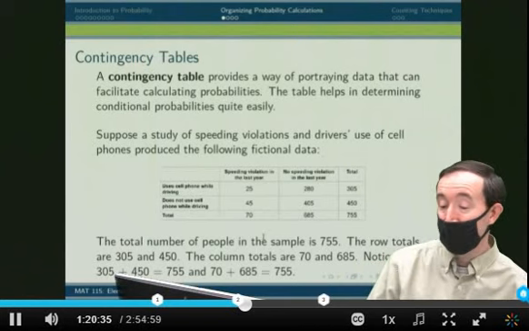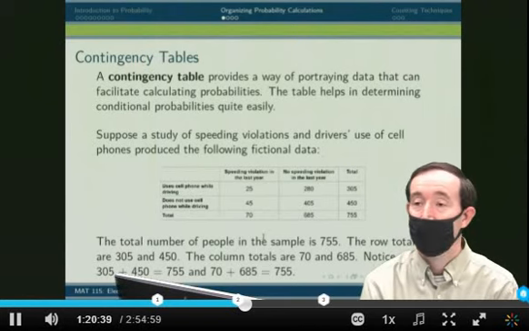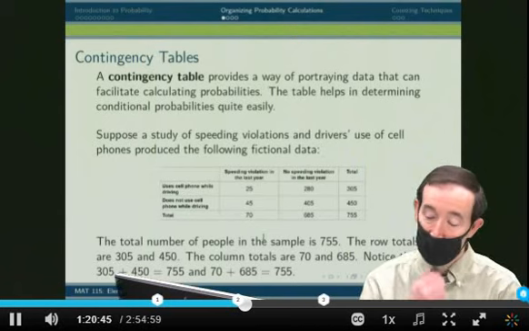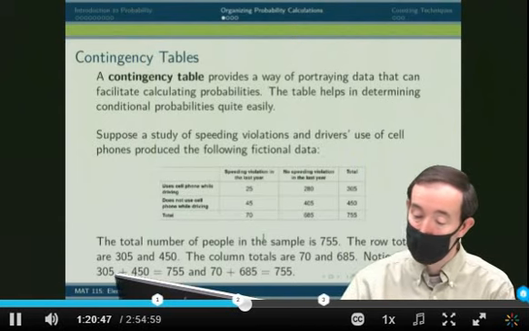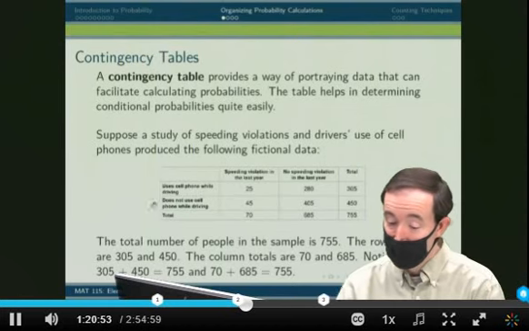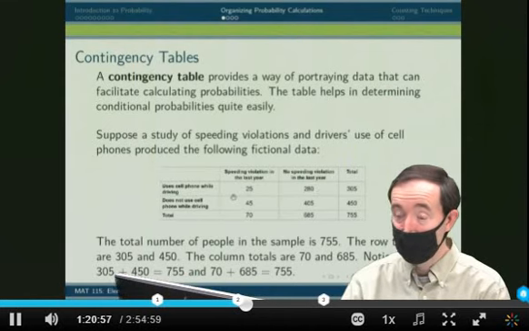What's the probability that someone uses their cell phone while they're driving? Any ideas? Okay. So this row is the people who use their cell phone while they're driving.